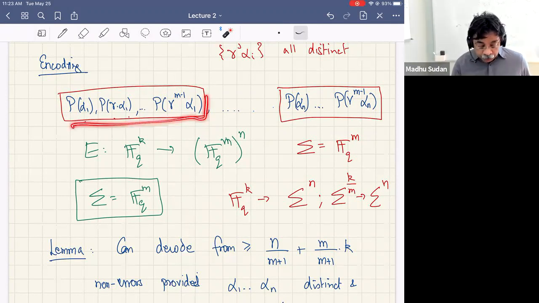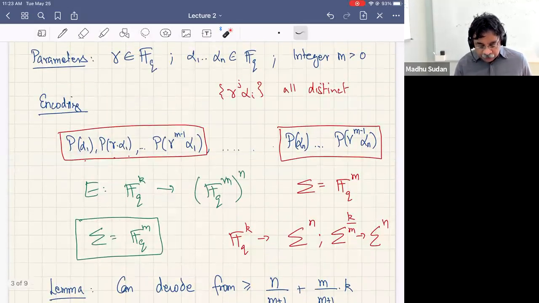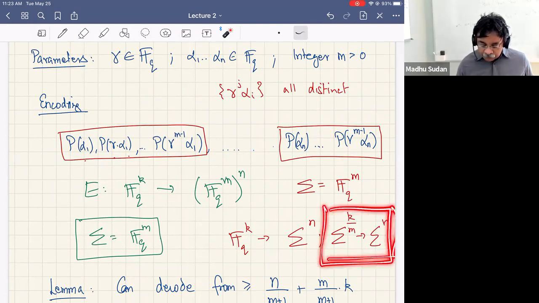And now we are going to call this one letter of the alphabet, that's one letter of the alphabet, and so on. Okay. Is the code clear? That is the error correcting code. We are going to pick gamma and alpha i's so that the gamma to the j alpha i's are all distinct. And we now got a code which maps like that.